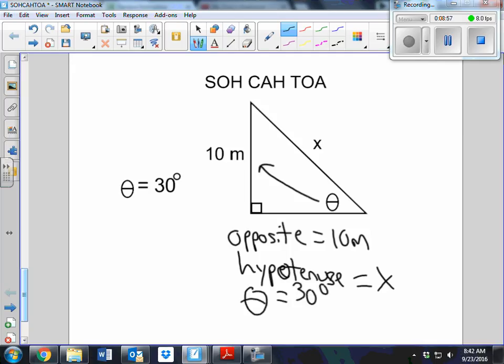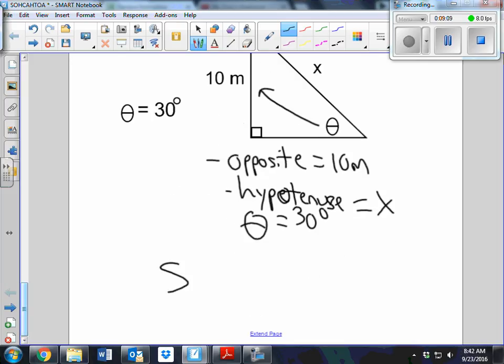So what function do I want to use? I have opposite and I have hypotenuse, so if I go look at SOHCAHTOA, that's sine, because sine has opposite and hypotenuse. So the equation is sine of my angle equals my opposite side over my hypotenuse.